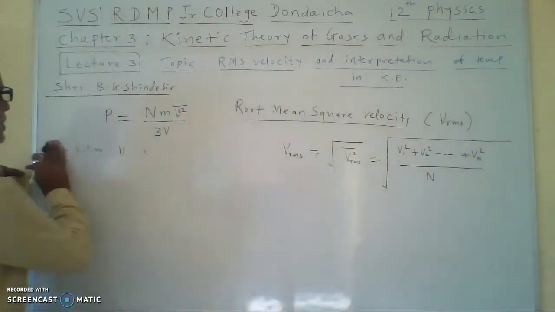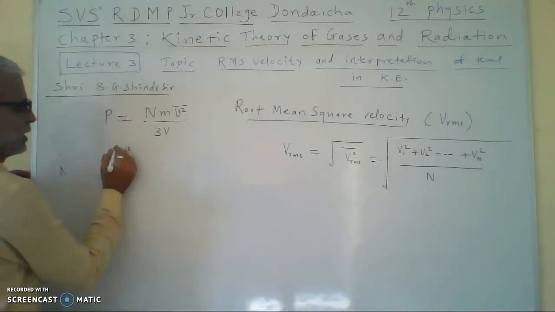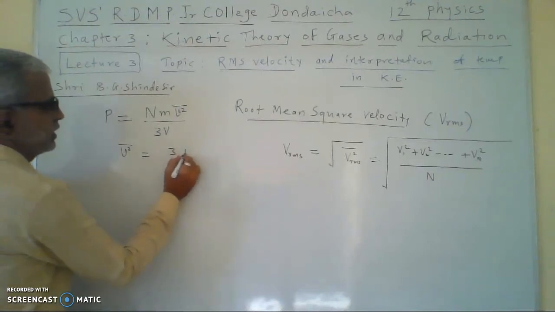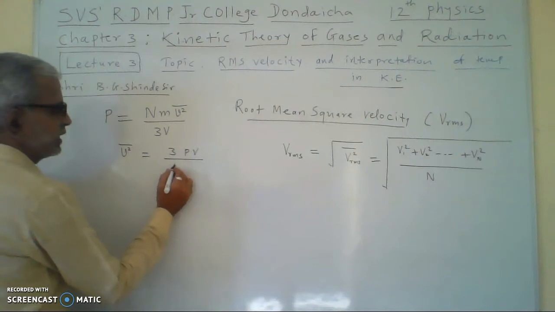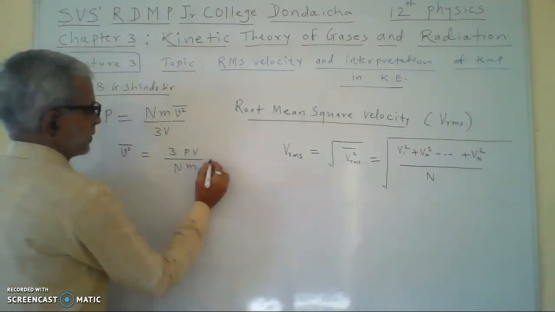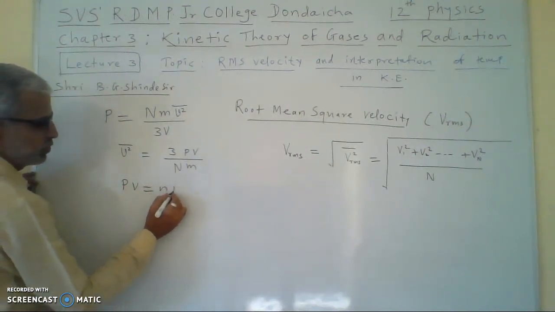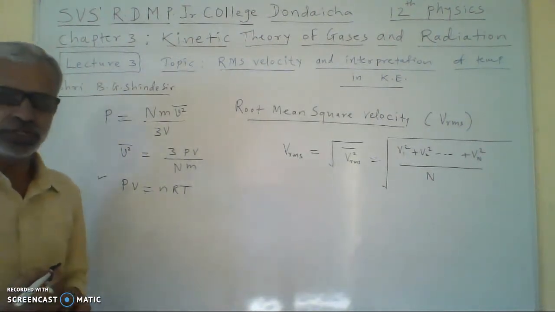Using this formula we can write v square bar equal to 3PV divided by N into m. Now in this formula we put the value PV is equal to nRT, the ideal gas equation.